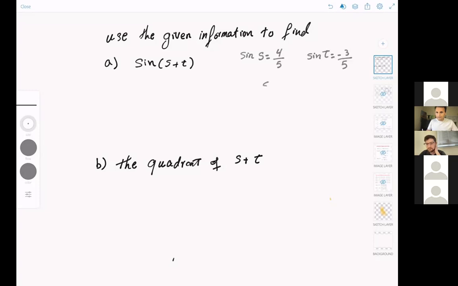And we also have S in quadrant 2 and T in quadrant 4.